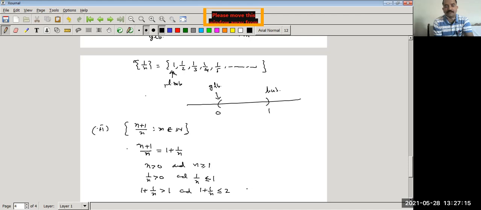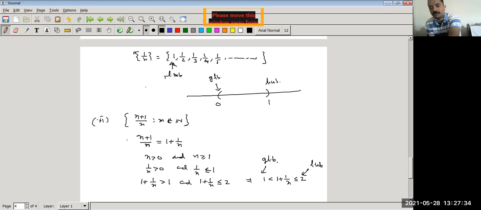So combining these two, we get 1 is less than 1 plus 1 upon n, which is less than equal to 2. The set is bounded above and bounded below, and 2 is the least upper bound, and 1 is the greatest lower bound.